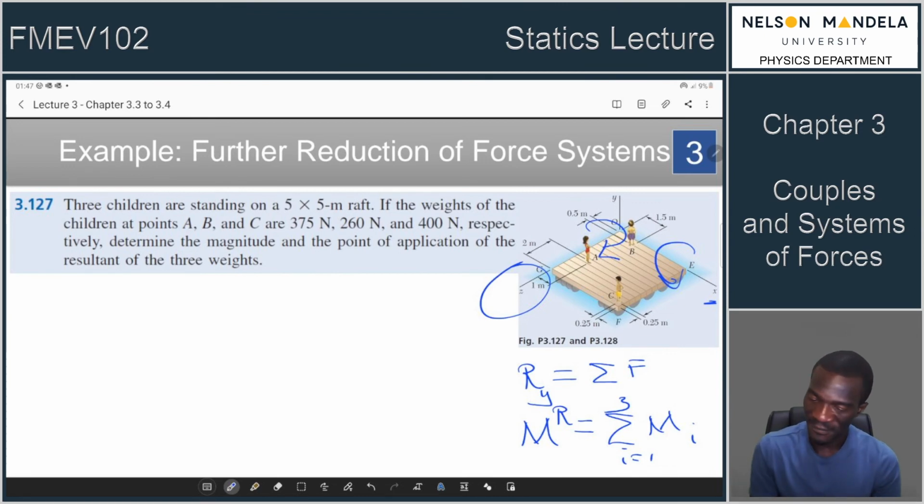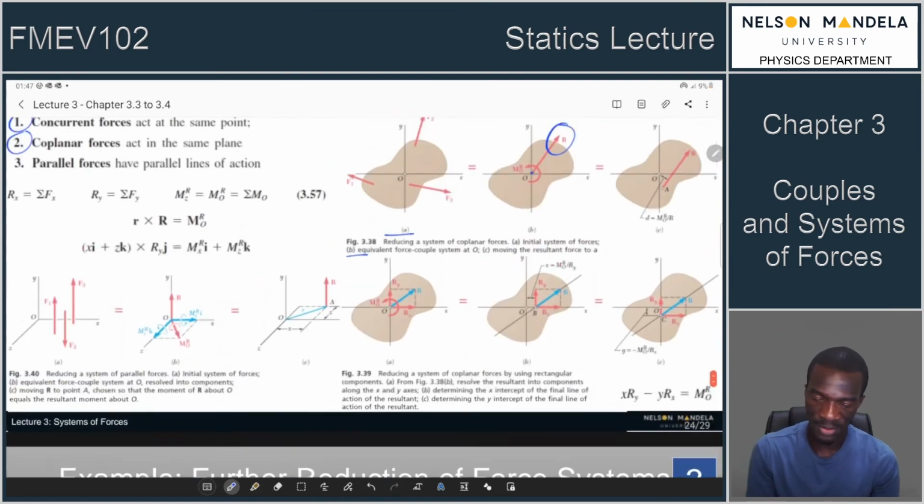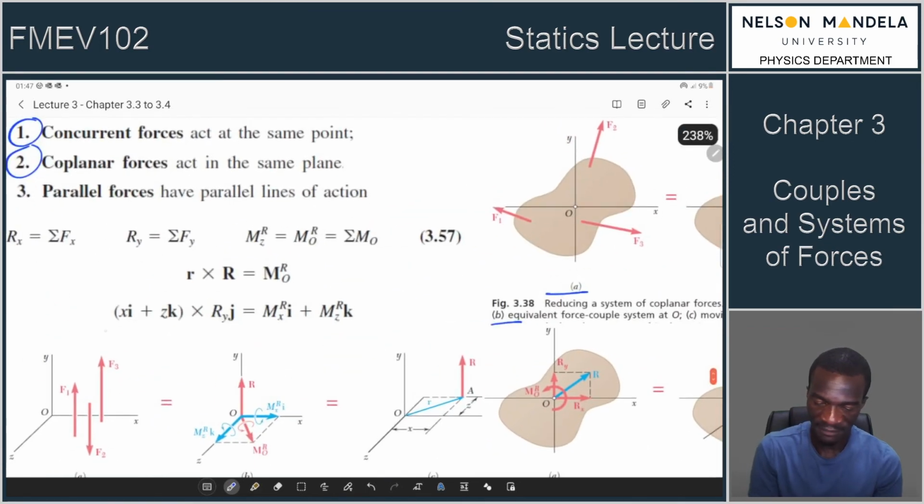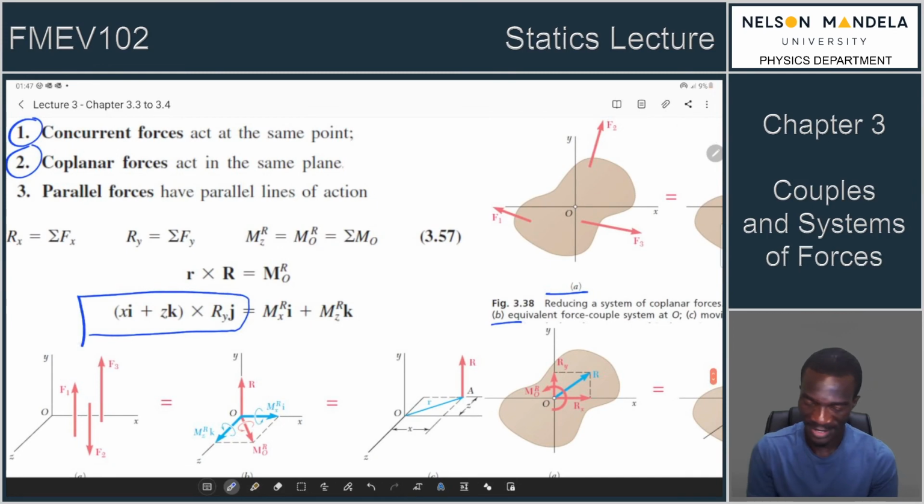Now that you have found the total of the moments, you can use this equation where you have your resultant on the left-hand side being equal to the total of the individual moments.